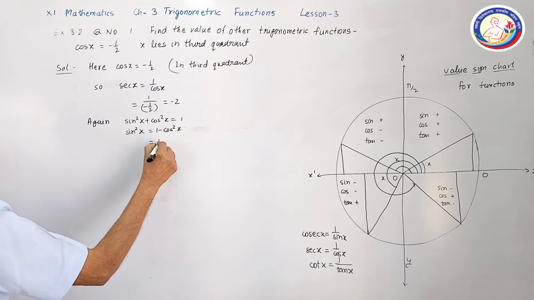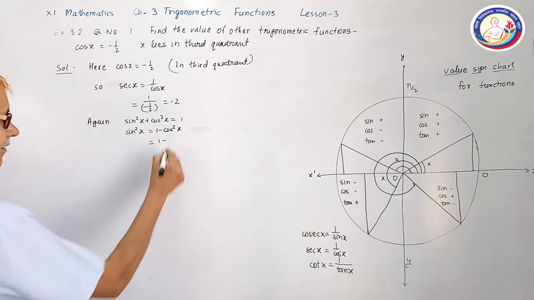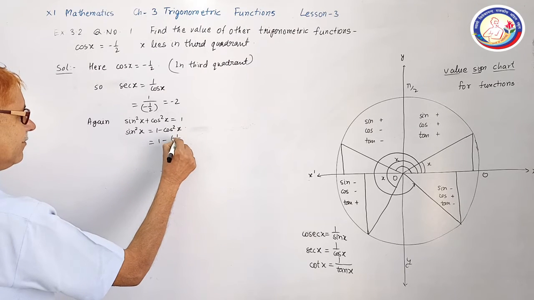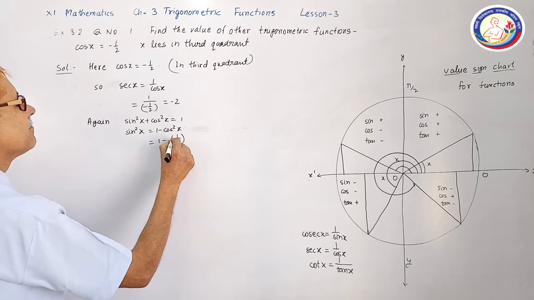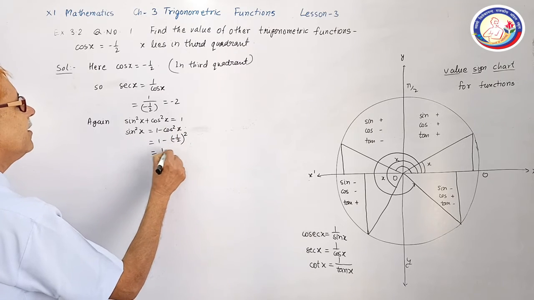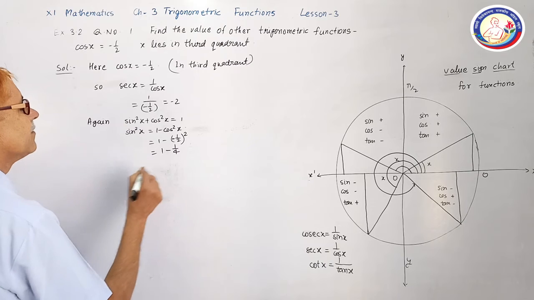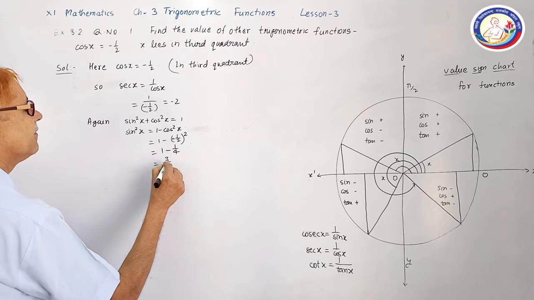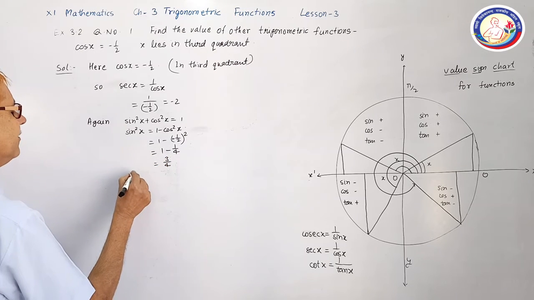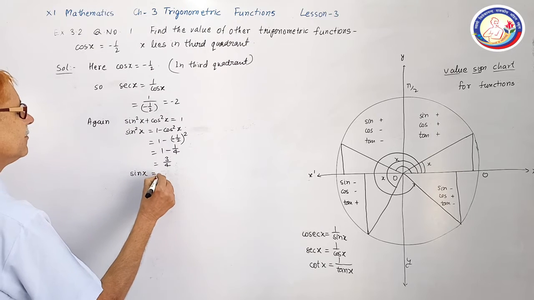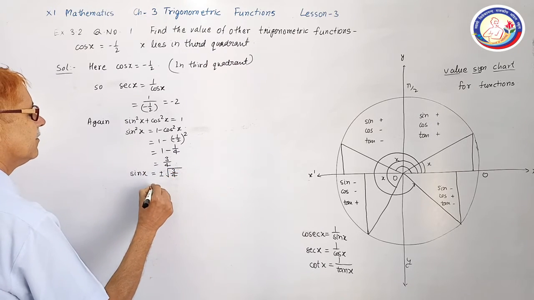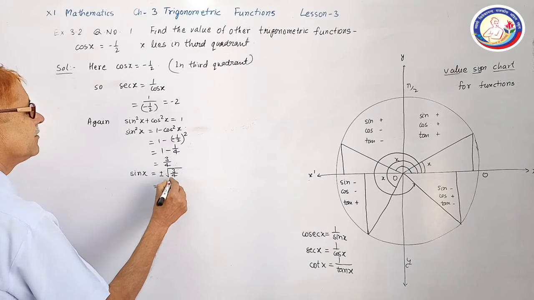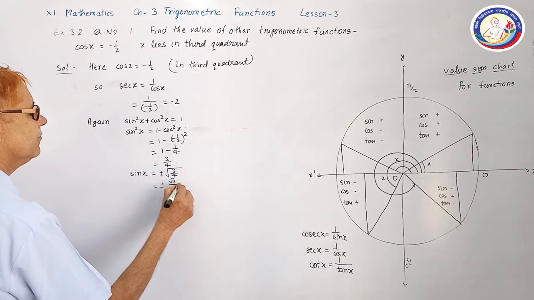If we put the value of cos x here, square of minus 1 by 2, this will be 1 minus 1 by 4, and it is 3 by 4. So sin x will be plus minus square root of 3 by 4. It will be plus minus root 3 upon 2.